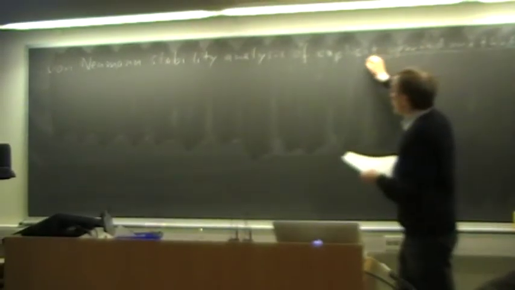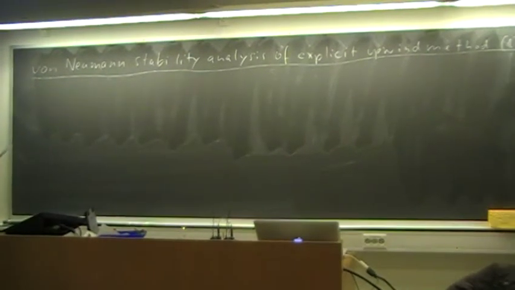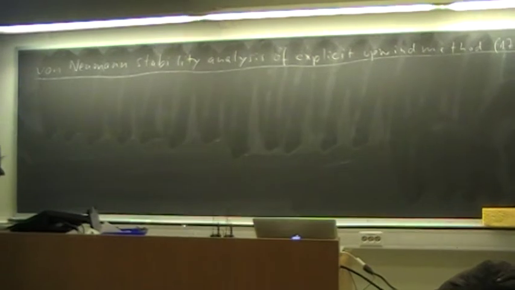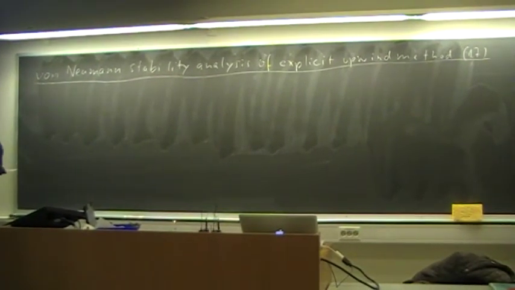That is 17. So then we follow the recipe that we already did for the forward time-centered space scheme for the discretized linear advection equation, where we found out that it was unstable.